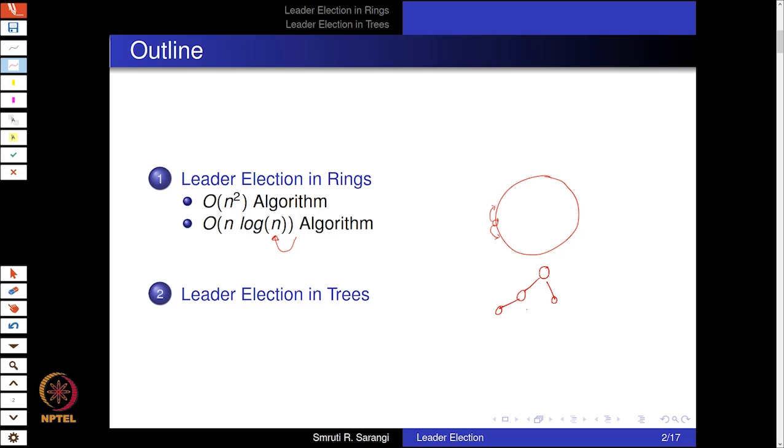When they are arranged as a tree, we will find that they have better properties, so we can reduce this n log n further and make it order n. So I stand corrected, not the ballpark of order n, but order n. Let's go to the tree part and discuss it, but first we solve the simpler problem with rings.